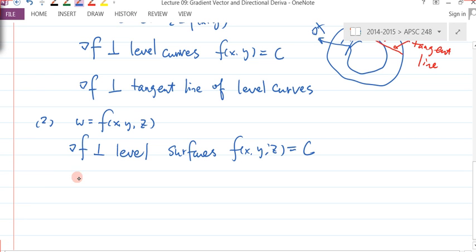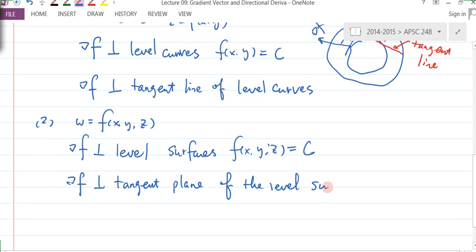Like the analogy above, it's perpendicular to the tangent plane of the level surfaces. I'll explain this a little more, and I'll show you the proof of this.